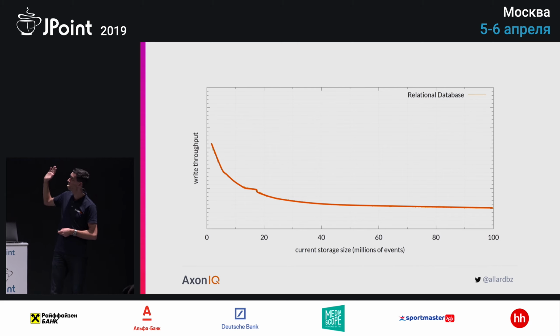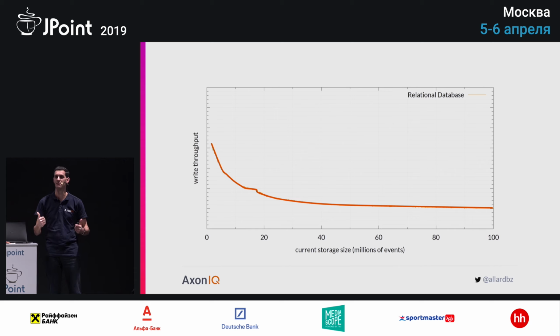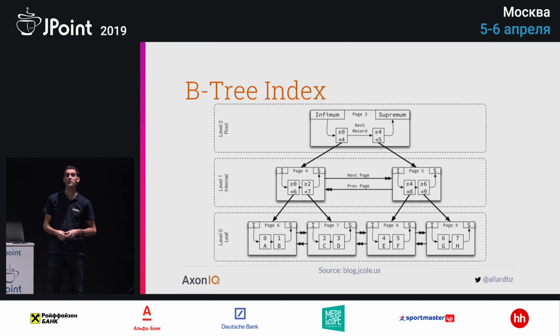Now, on the far left side, that's probably where you run it in your development and test environments. It performs great, right? The right is probably where you end up in production. It's horrible. But the reason it does not perform very nicely is generally because of one of our friends, the B-tree index, and generally, I would say, the way most relational databases work.